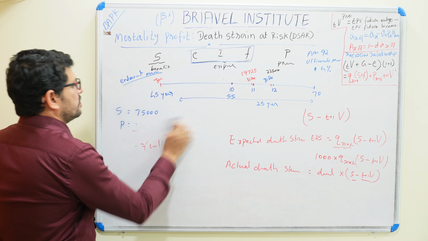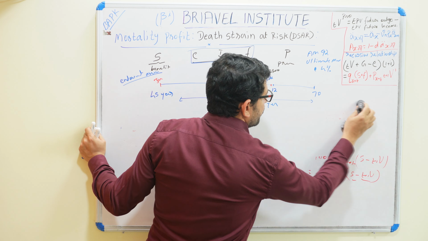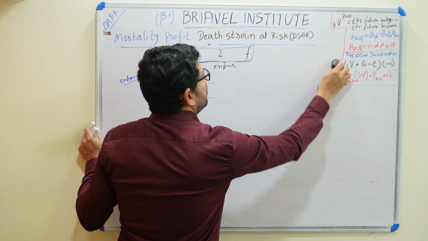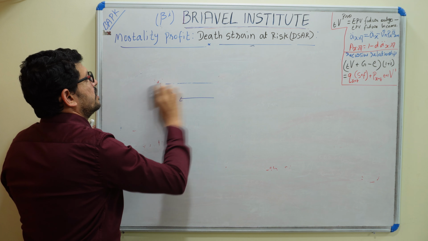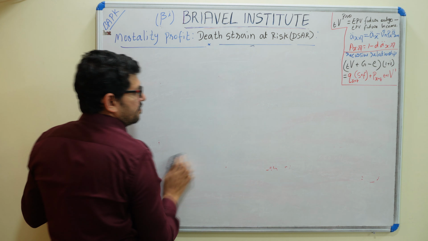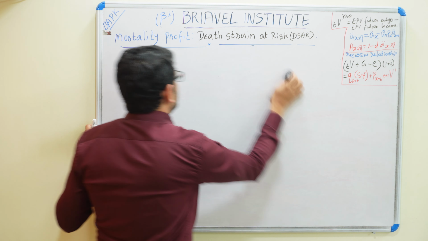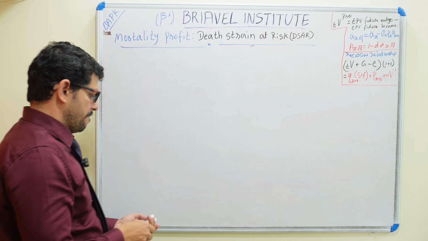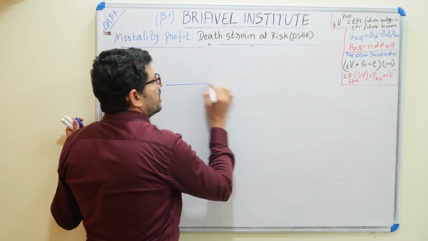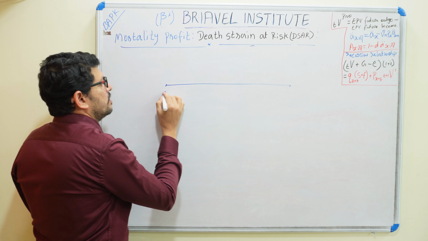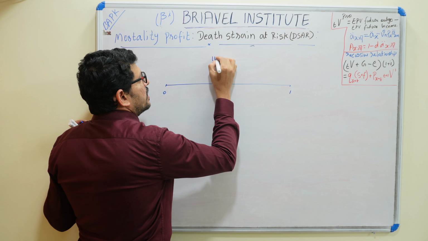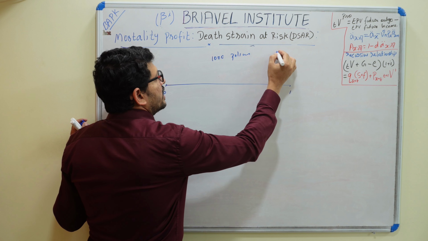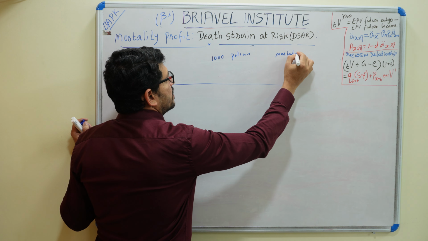Now we can solve one small problem. In term life insurance, we issued 1,000 policies. It is a one year term life insurance, 0 to 1 year only. We issued 1,000 policies and our mortality rate is 1%.